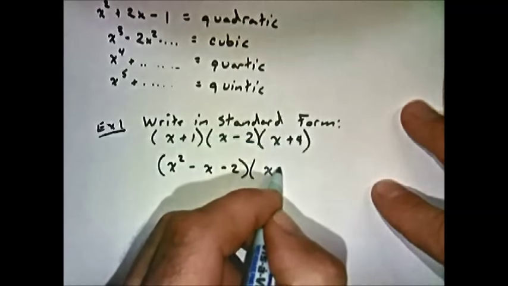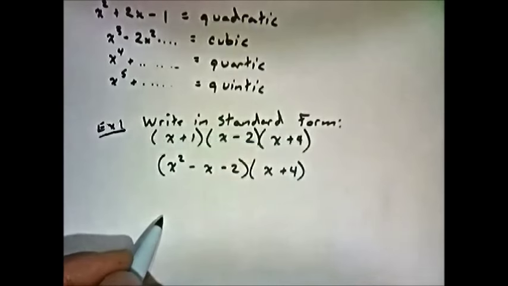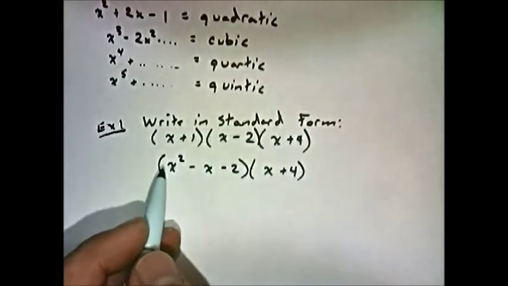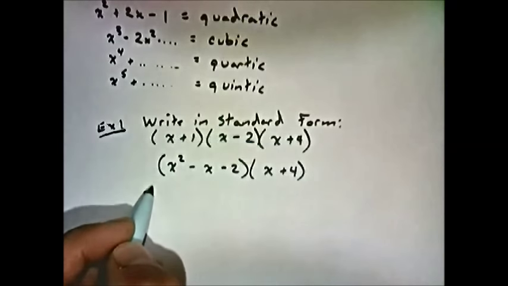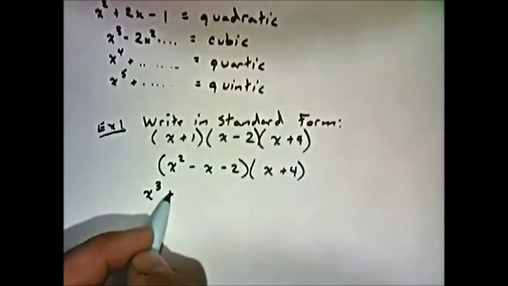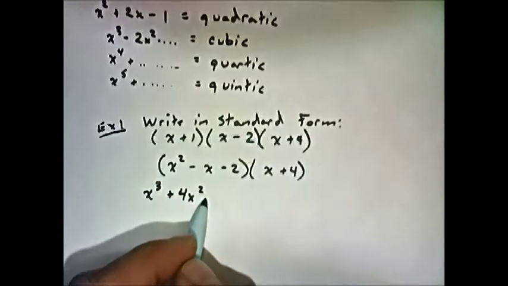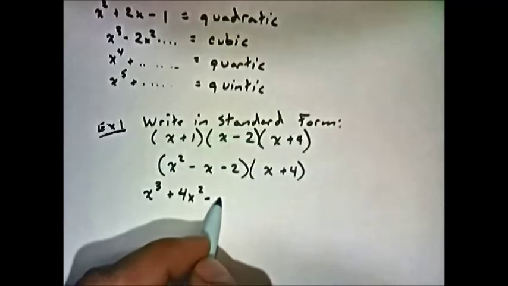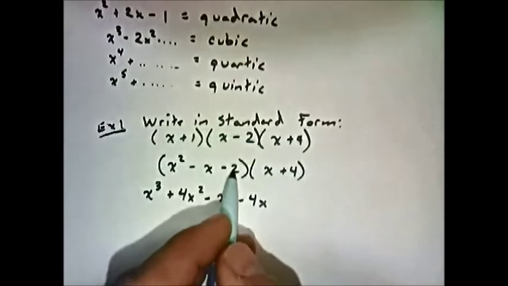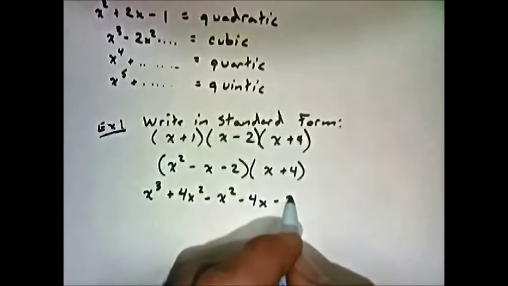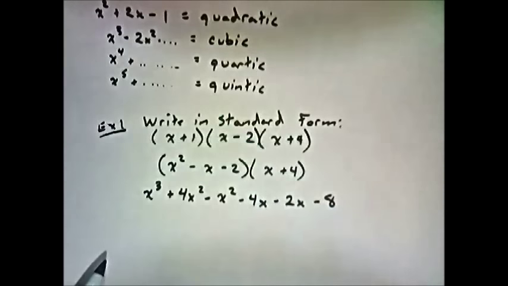And we're going to bring in our x plus 4. Here we're going to distribute the x squared, the -x, and the -2. So we'll end up with x to the third plus 4x squared. Multiply the -x through, we get -x squared minus 4x. And we're going to multiply the -2 through: -2x minus 8.